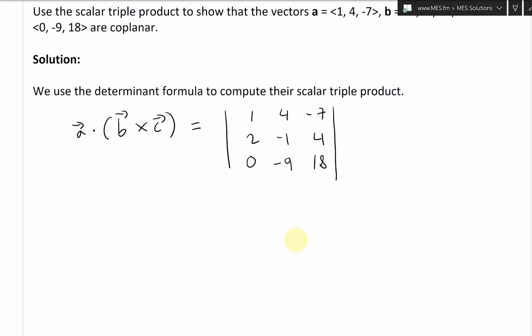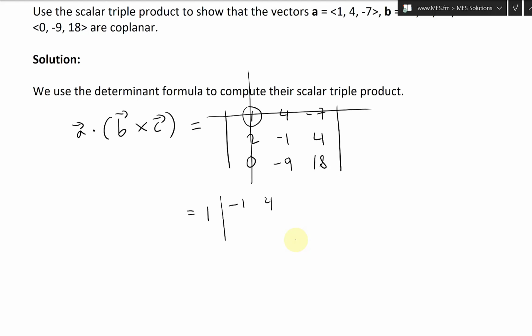All right, now let's write this in the second order determinant form for completeness. We get this 1 there, and cross out everything in its row and column. So we put a 1 and write down negative 1, 4, negative 9, 18.